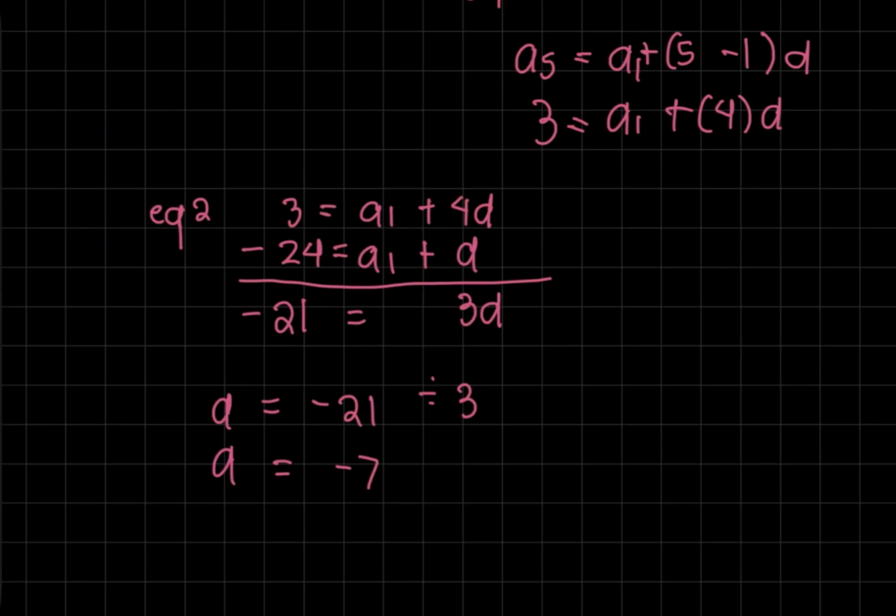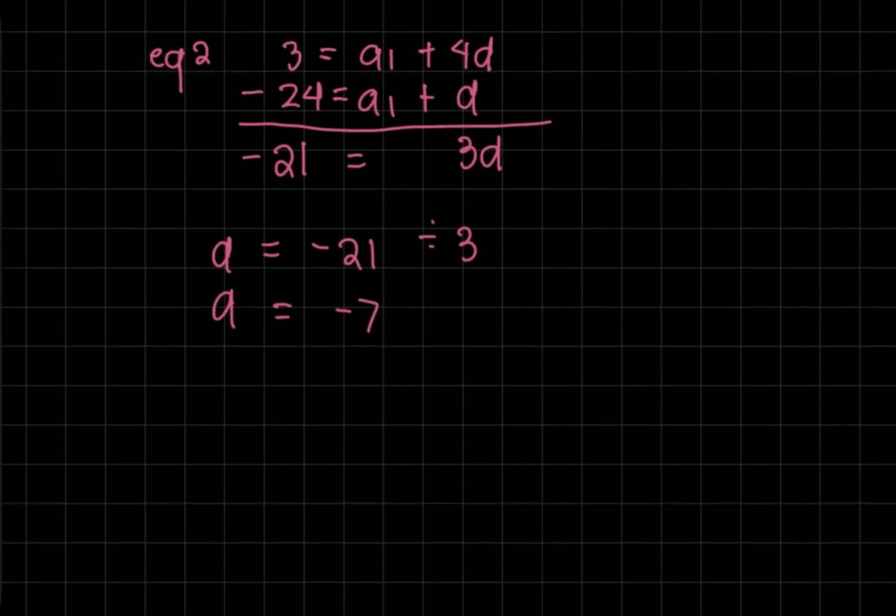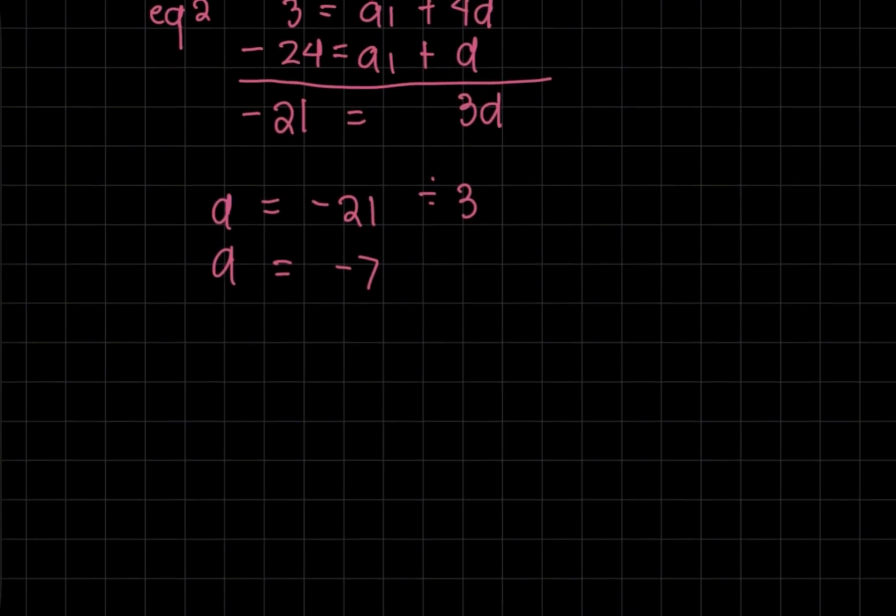If we want to cancel the 3 beside the D, the 3 goes to the bottom, so we have -21 divided by 3, and then we get D equals -7. Therefore, the common difference is -7, and this means that the sequence is decreasing, and we subtract 7 each time.